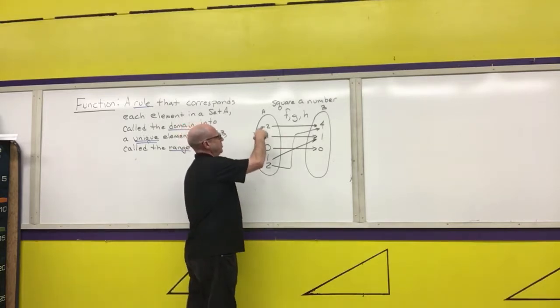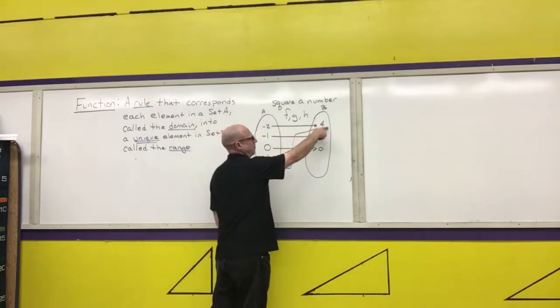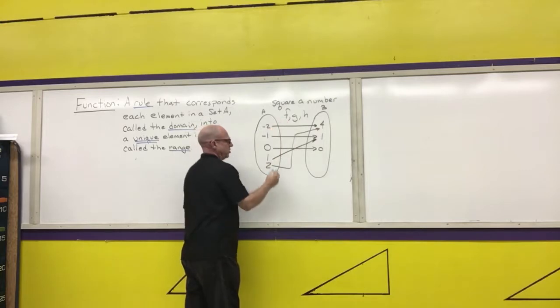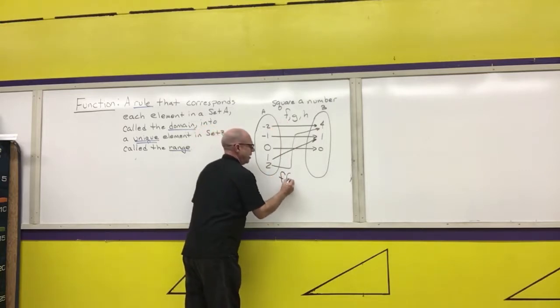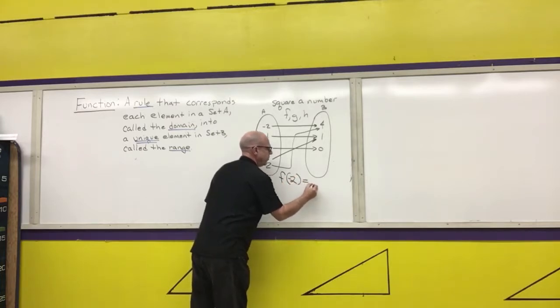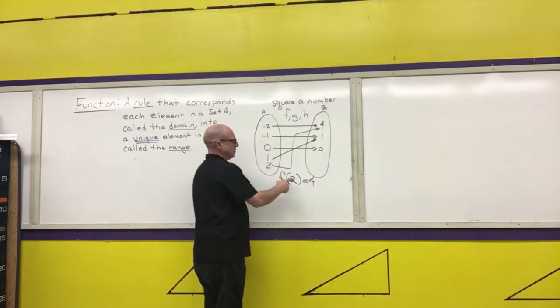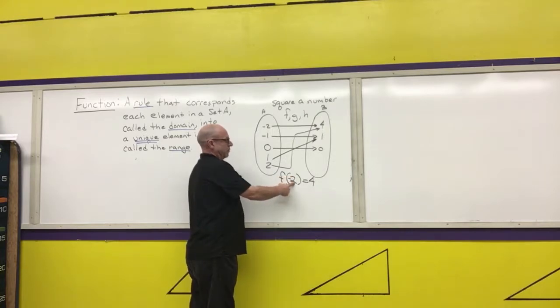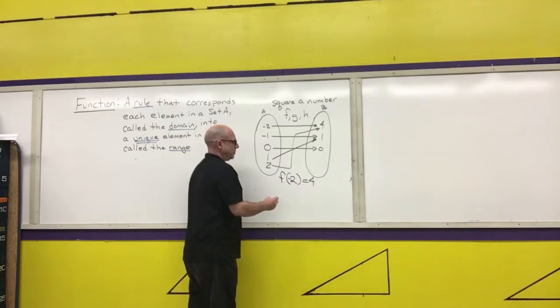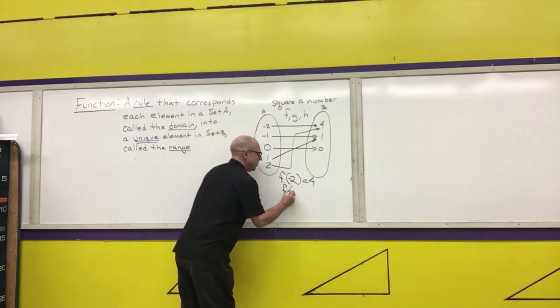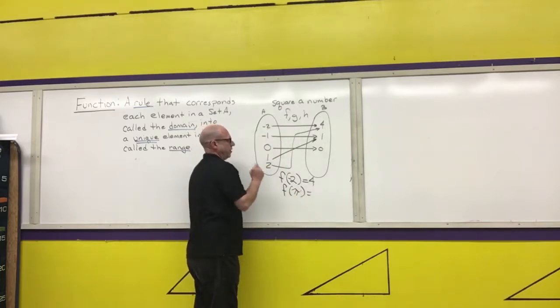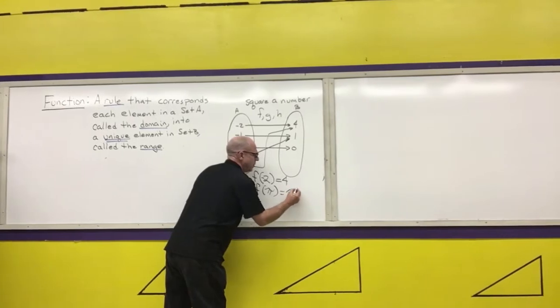If I want to say that I'm taking the number -2 from the domain and it maps to the number 4 in the range, using function notation I would write f of -2 equals 4. This says I take the number -2, perform the rule f on it, and that gives me the answer 4. Another example is f of pi. Take pi, perform the function rule of squaring the number on it, and I end up with pi squared.